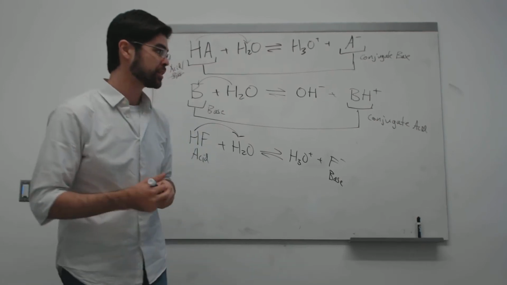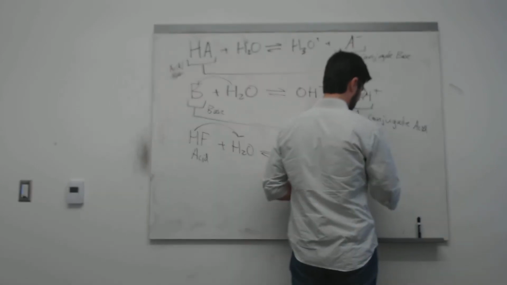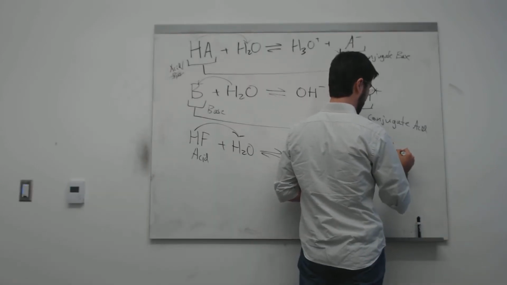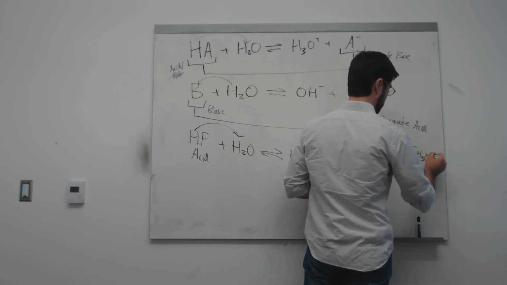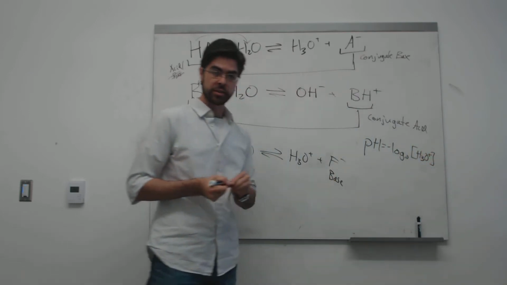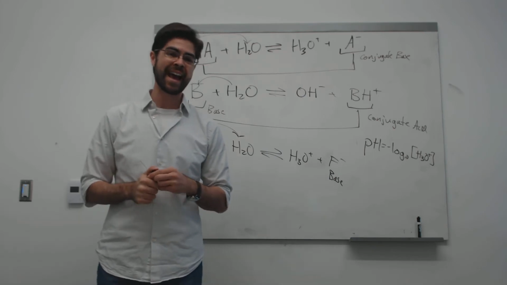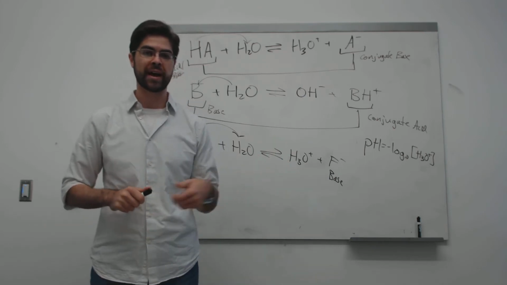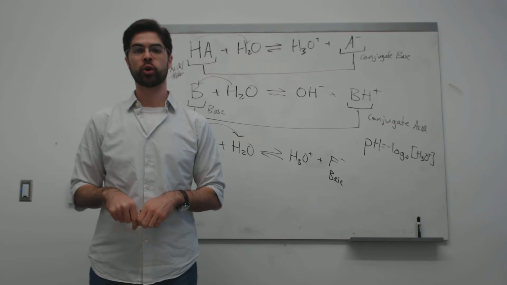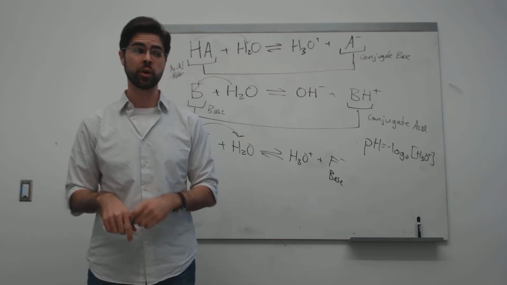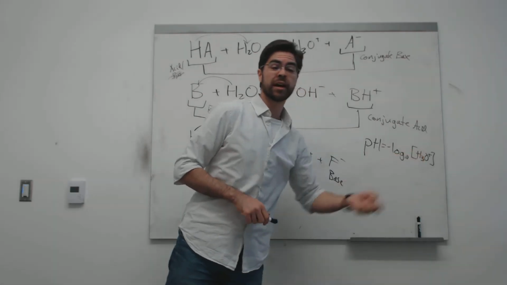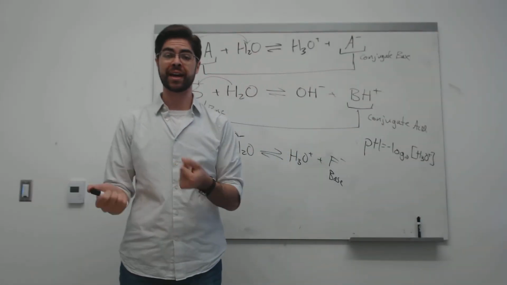The way you calculate pH is by taking the negative log of the hydronium concentration. So in any acid-base calculation where you're asked to find pH, your penultimate goal is to figure out what's the hydronium concentration in that solution.